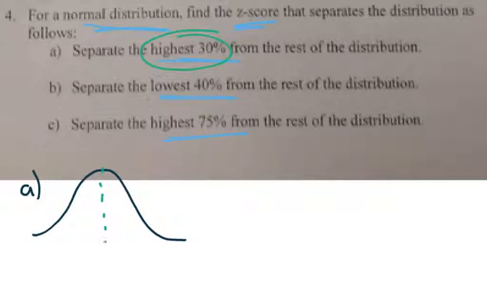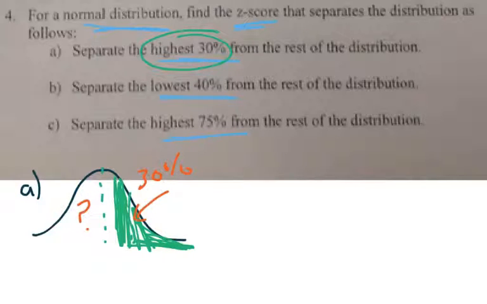We know the middle splits at 50-50, so the highest 30% is probably starting about right there and going to positive infinity. If this in here is the highest 30%, that's where we want to be. What about all this behind it? That's the key value you need.